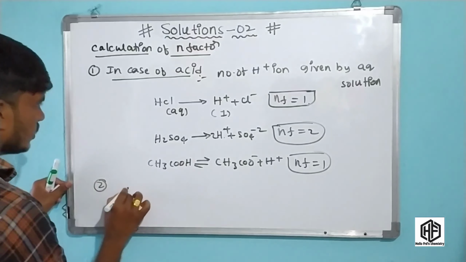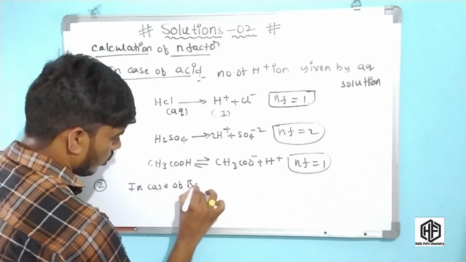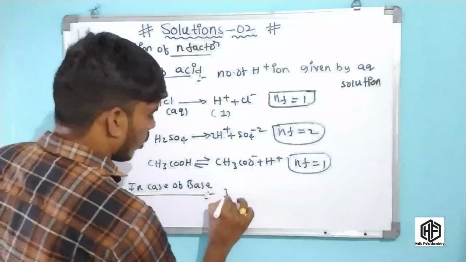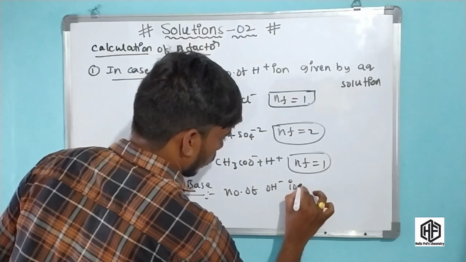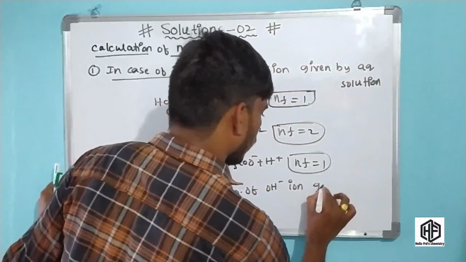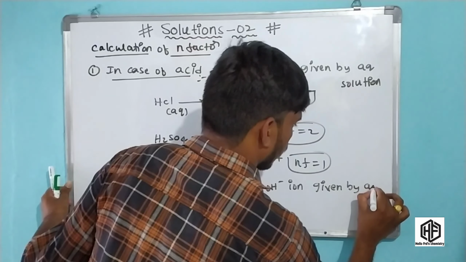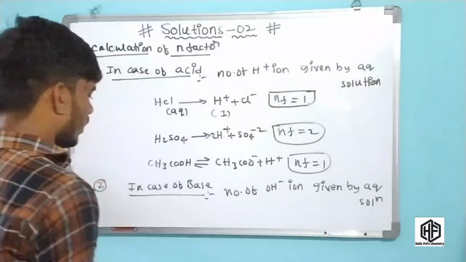But in case of base, what is the N factor value? The number of OH minus ions given by aqueous solution, that is called as N factor.